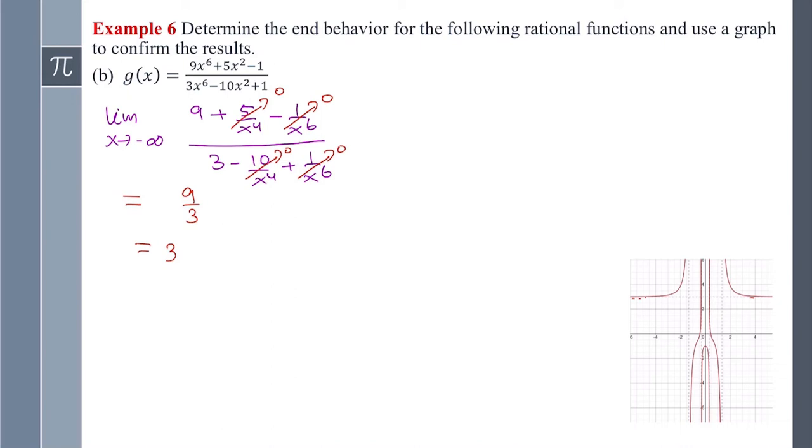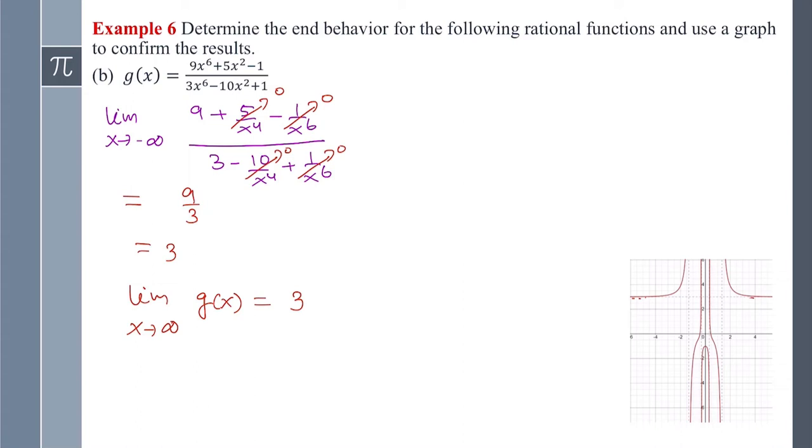Okay, so if we do the limit as x approaches infinity of g of x, we will still get 3. And you can try doing the same thing, dividing by x to the sixth and then computing the limit.